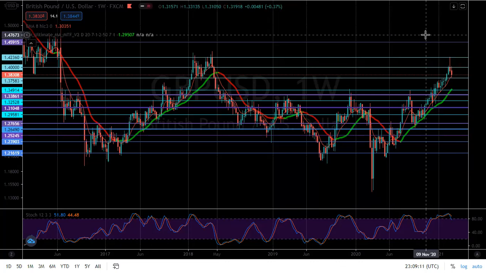We did quite well with the pairs we looked at: the pound dollar pair, the euro dollar pair, and gold. We were some pips short of our target. I was looking at getting as low as the 1680 area.